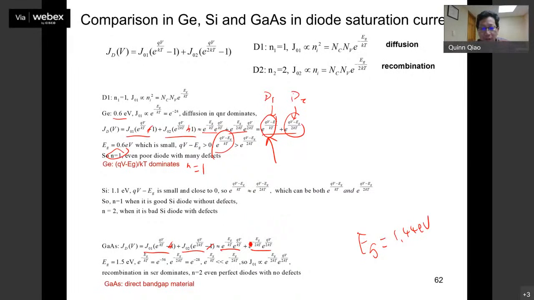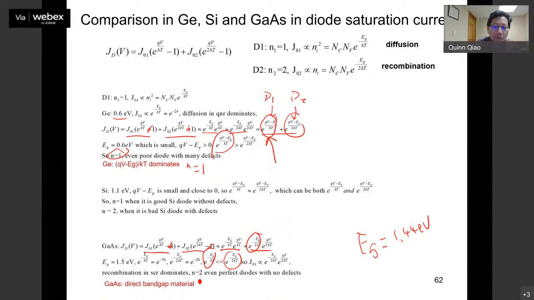Think about this. When the band gap is large, the denominator is bigger, and then this term is bigger. That's why it is bigger than the other. When you think about the two possibilities, the bigger one dominates.